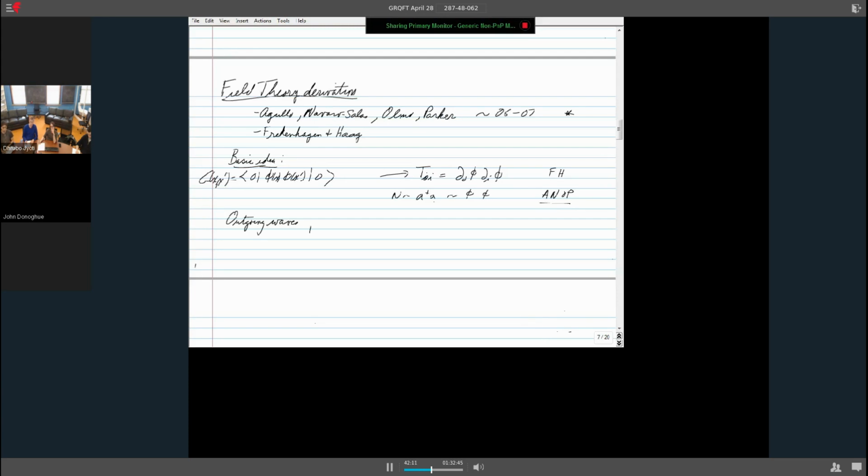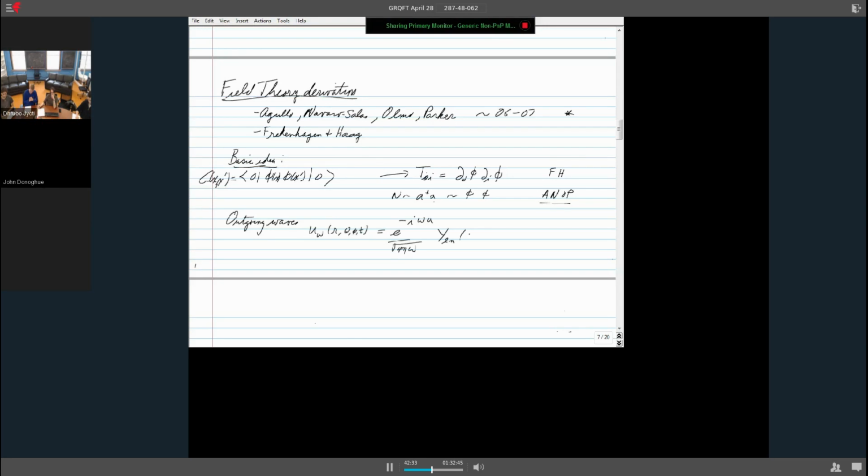This is what Fredenhagen and Haag did. Or you can get a dagger a out of this by using the inversion relations to turn them into phi. So the number operator can also be written in terms of this, and this is what the other paper does. Okay. And so I'm going to use the pathway of the other paper.